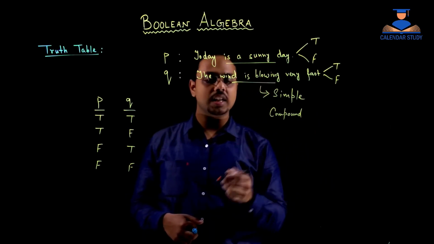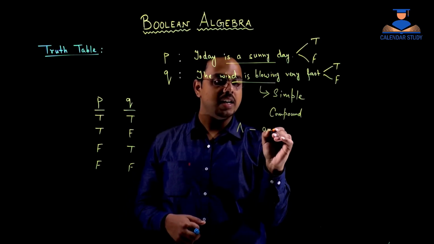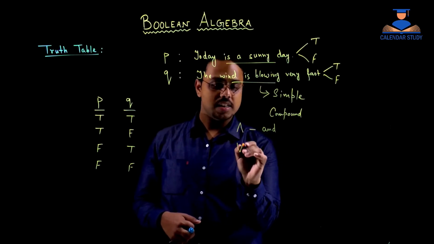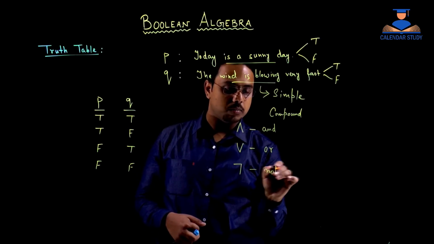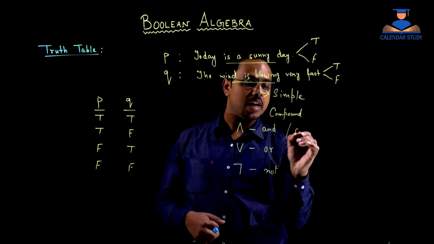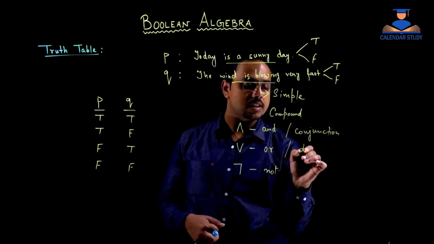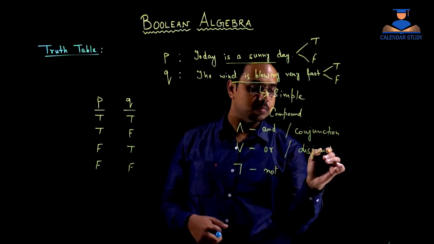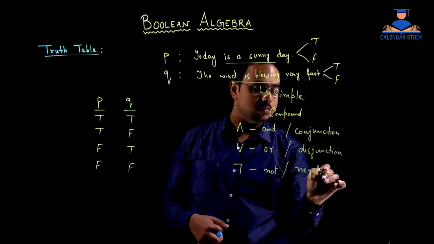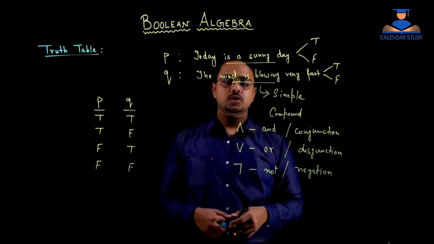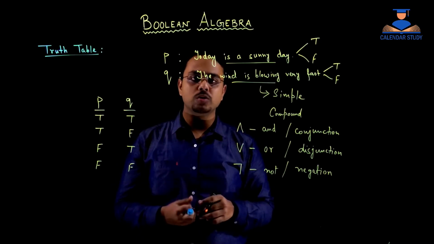So we have some logical connectives: this connective is known as the AND connective. This is known as the OR connective. This is known as the NOT connective. AND is also known as conjunction. OR is known as disjunction. And NOT is known as negation. Okay, so these are the types of connectives we generally use to form compound statements.